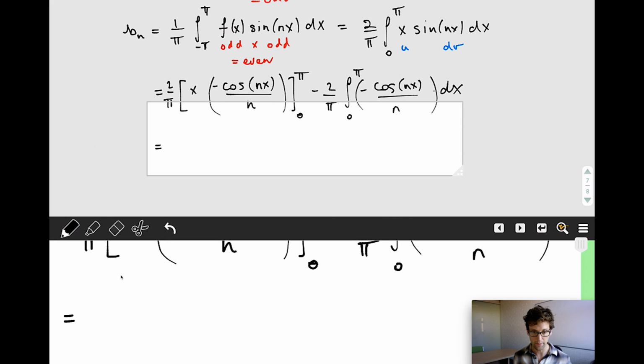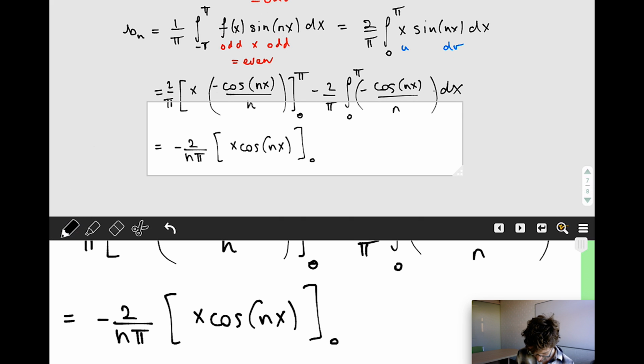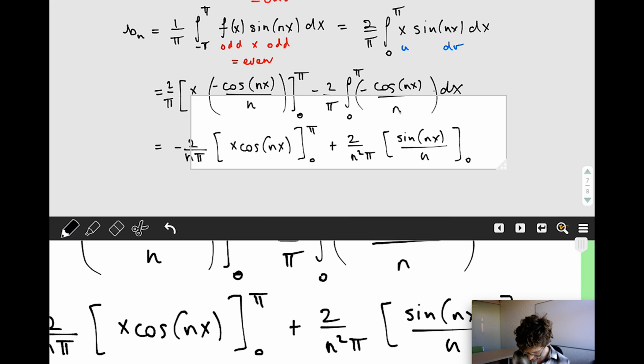So let's pull out that minus 1 over n. So I'll get minus 2 over n pi, x cosine nx from 0 to pi. Let's pull out the minus n, so that's going to give me plus 2 over n squared pi, integral of cosine is going to be sine nx divided by n from 0 to pi.